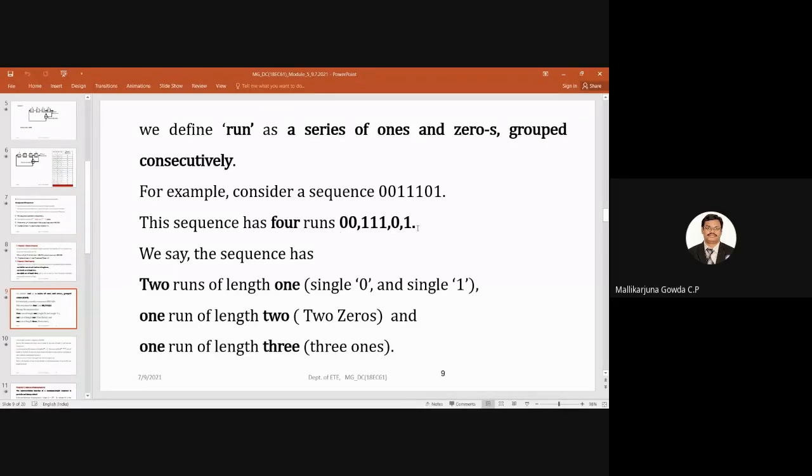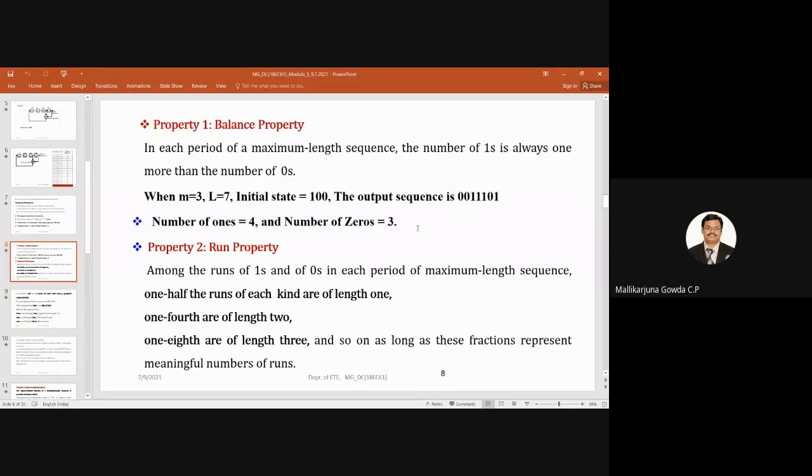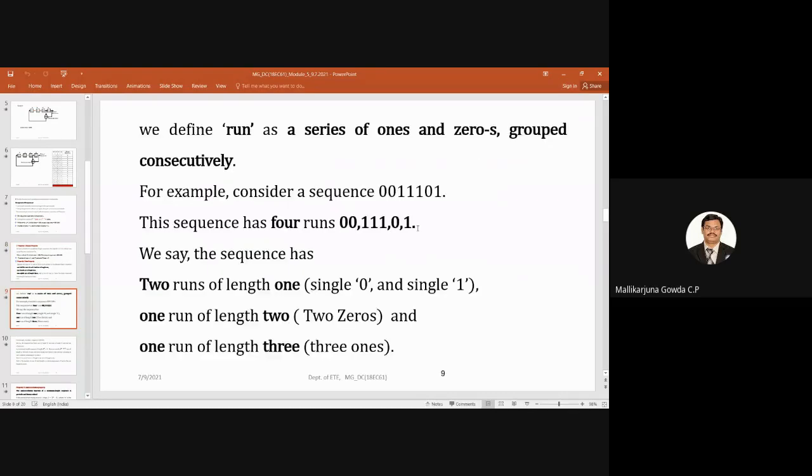So 1/2 the runs of each kind are of length 1. Is it possible to say that? Yes, because the 2 runs, that is 0 and 1, have a length of 1, because a single 0 and a single 1 have a length of 1.